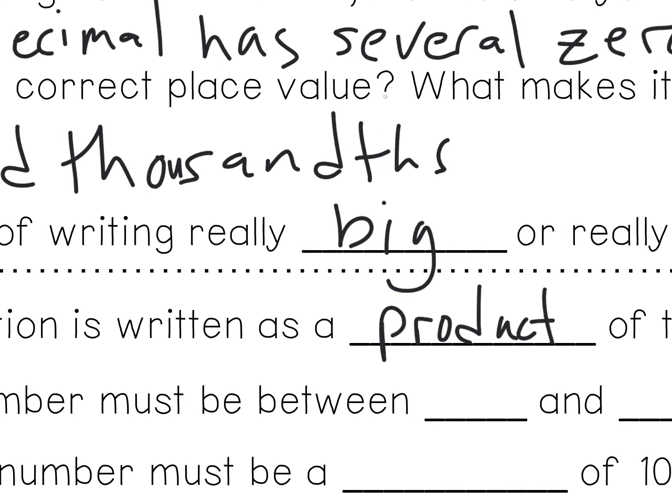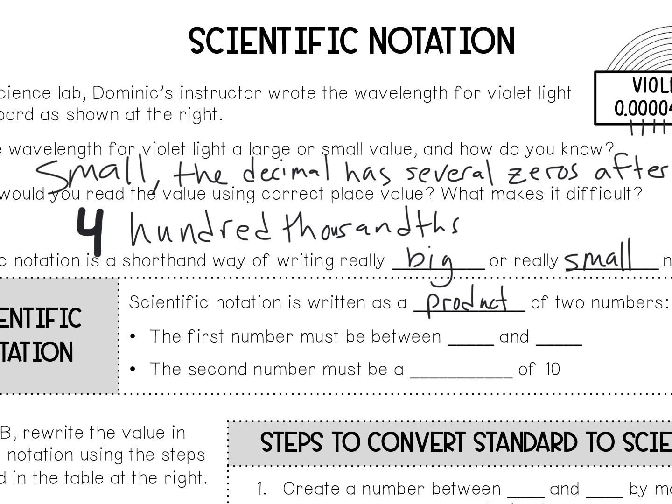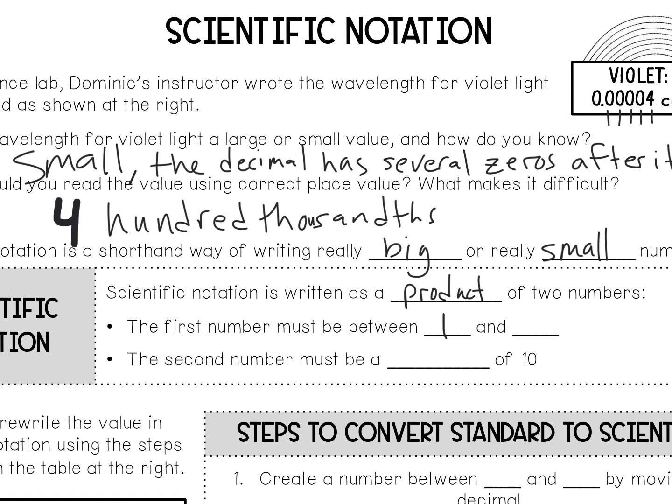Product means multiplication. And the first number must be between 1 and 10. And the second number must be a power of 10.